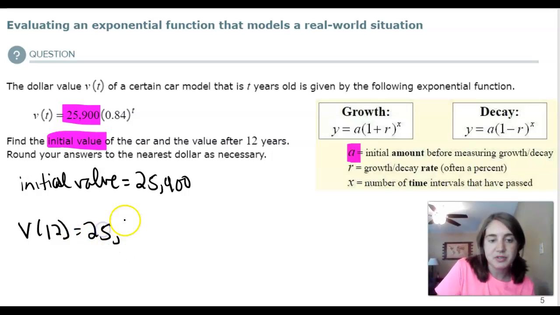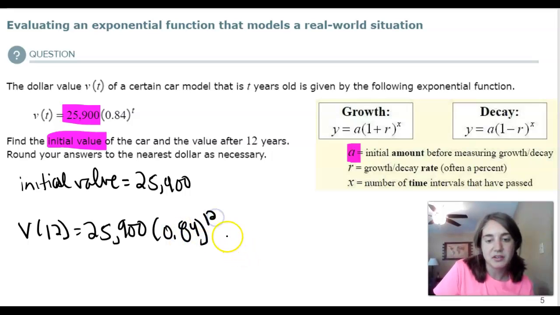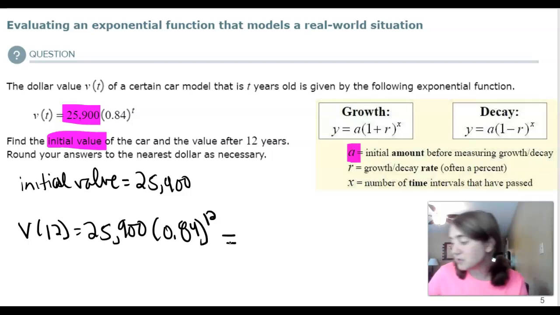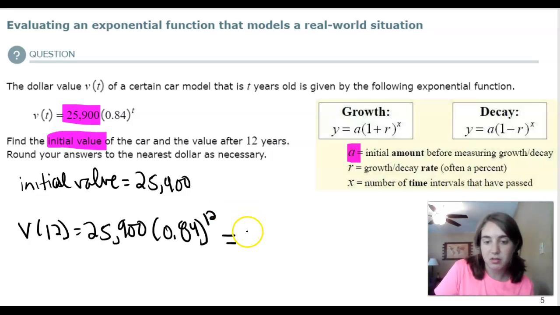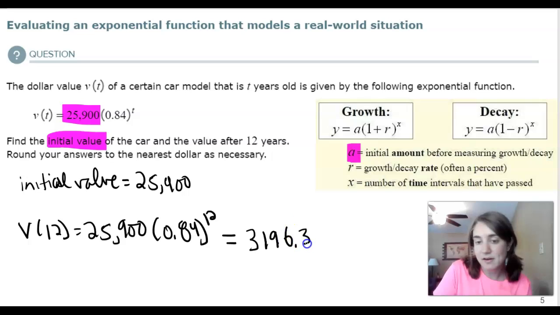If we had to predict, do we think the car is going to be worth more or less as time goes on? We're used to cars being worth less as time goes on. That's what we get when we put that in a calculator.